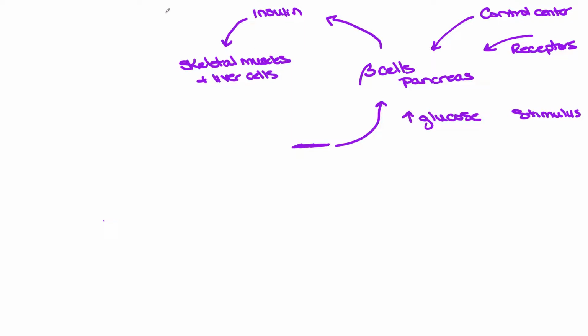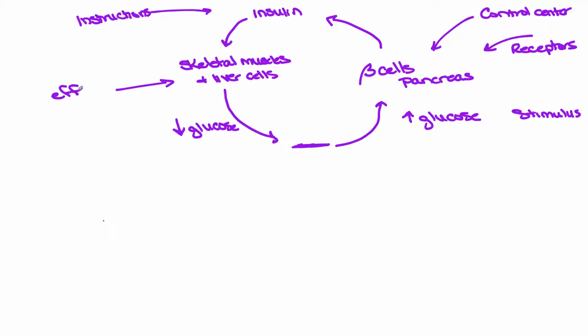So the insulin is the instructions, because it doesn't actually change the blood glucose levels. It just tells the skeletal muscles and liver cells to do it. So as they take up glucose and store it away as glycogen, it's going to decrease the glucose levels in the blood. So these guys are our real effectors.